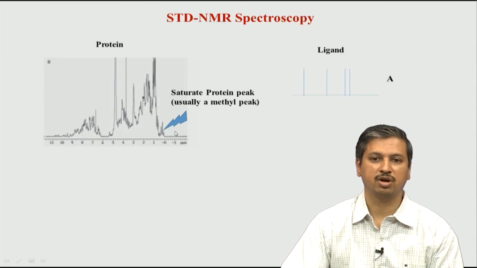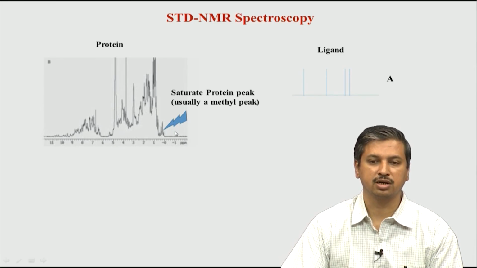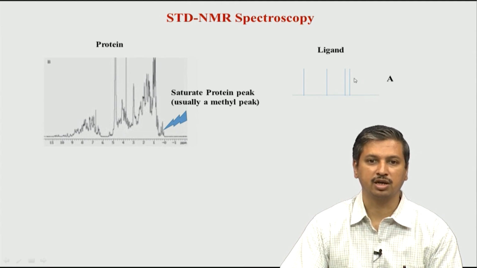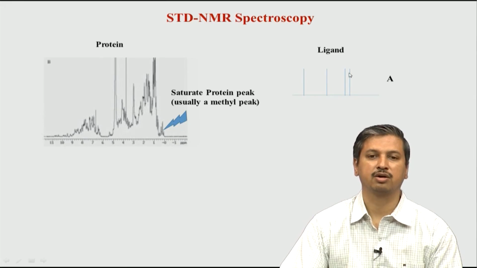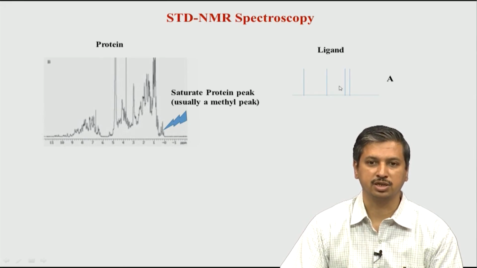Remember again, it is done by a weak RF irradiation, and typically the time is 2 to 3 seconds, so you irradiate for a long time, and during that time the molecules will exchange between ligand and protein very rapidly, several thousand times, and because of that, what you are doing at the protein side is communicated to the ligand by exchange.